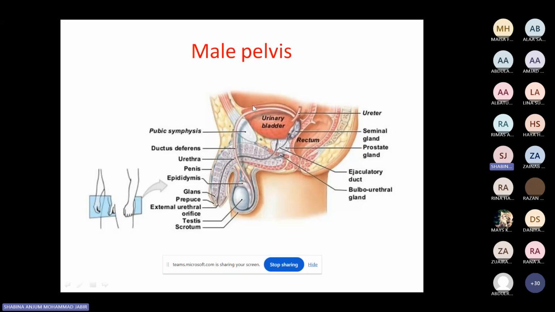Then it will be opening here posteriorly. Posteriorly you have one more organ which is called the seminal vesicle or seminal gland. What else can you see here? You can see the bulbourethral gland. You can see the ejaculatory duct. Now we will see one by one.